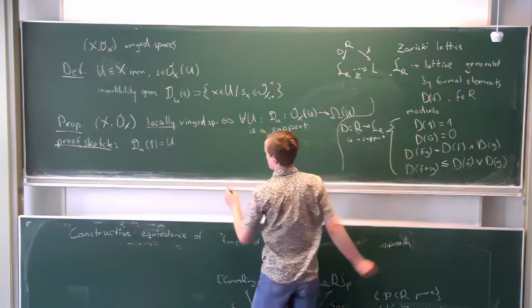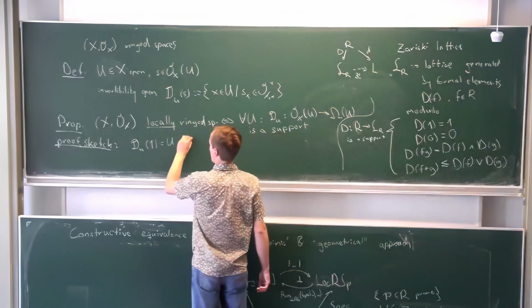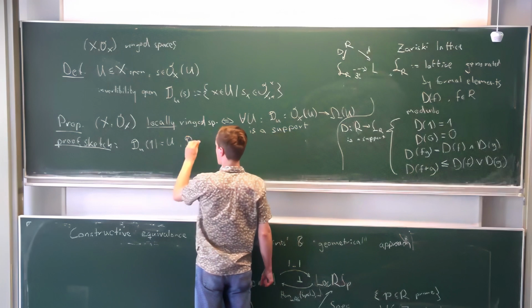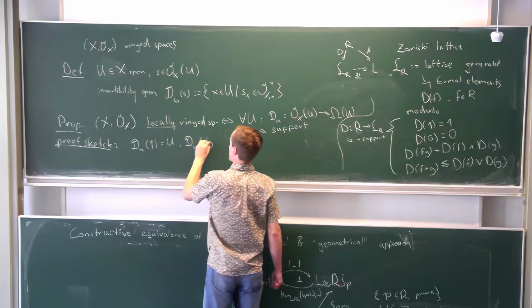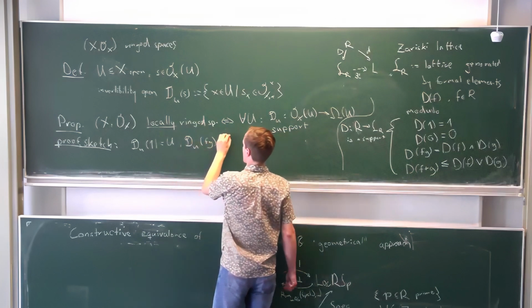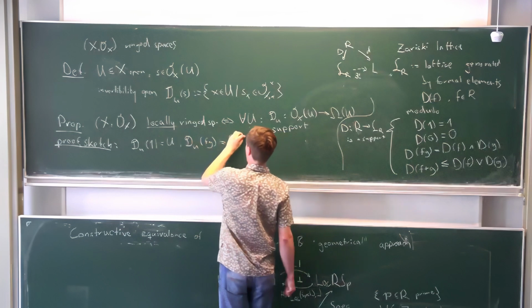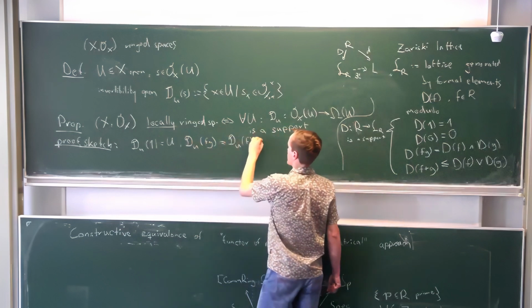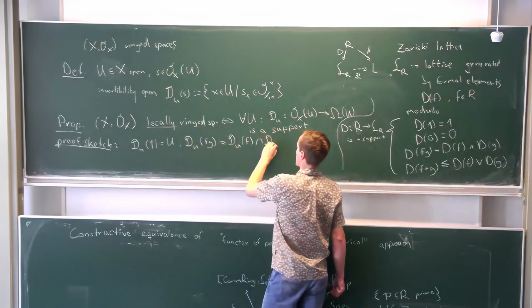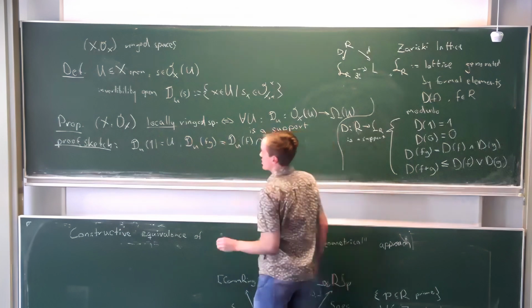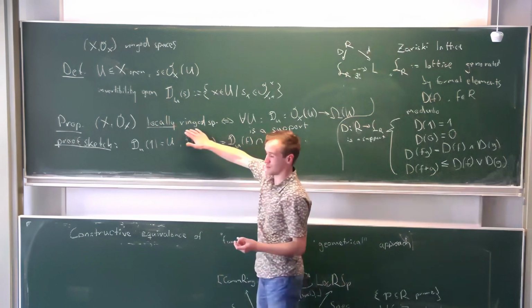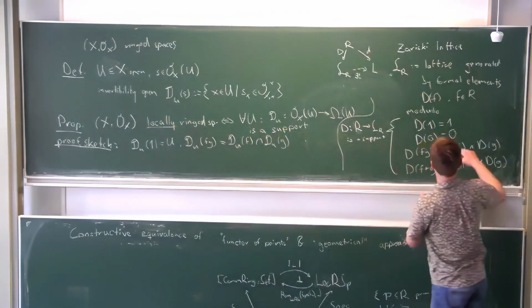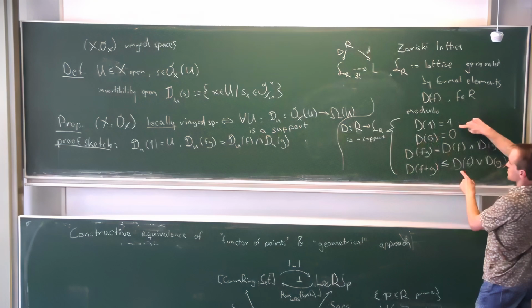And this product property will also hold. So basically what we're proving is that this is a locally ringed space if and only if the other two properties hold.